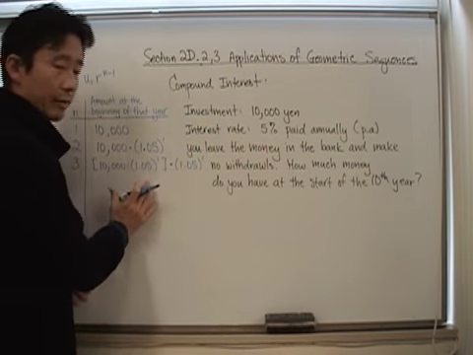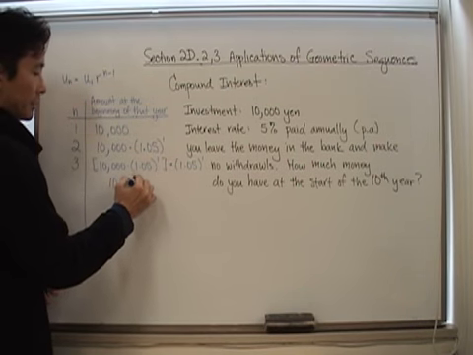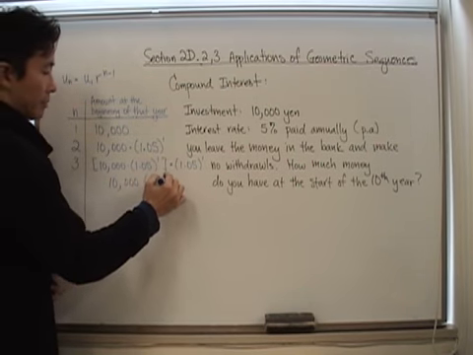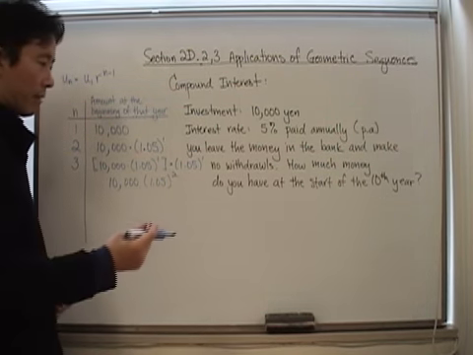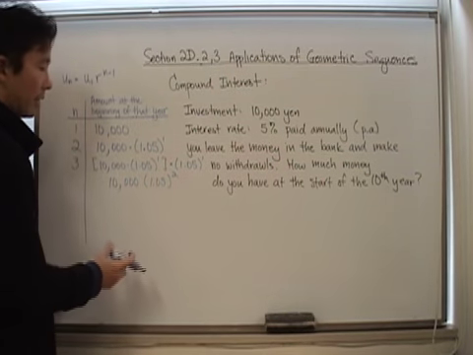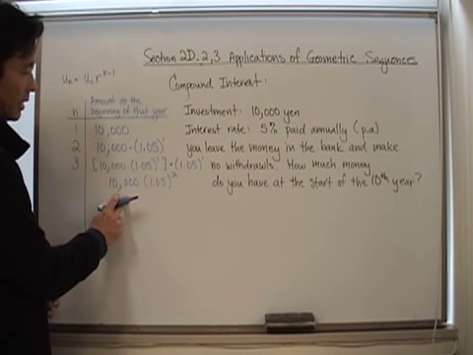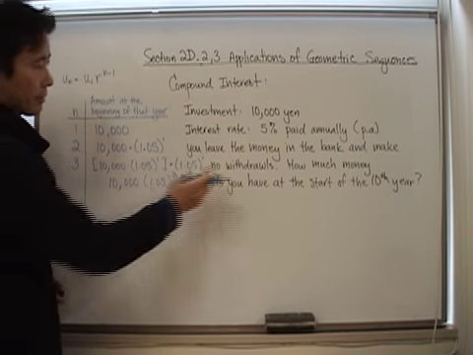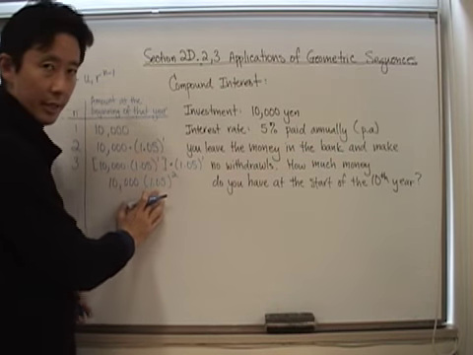Okay, let's go ahead now and simplify this. What does this come out to? This actually comes out to 10,000 times 1.05 raised to the second power. And that pattern is going to continue on and on. I'm hoping you can recognize that the percentage rate, being that it's paid annually and is fixed, is going to stay the same.